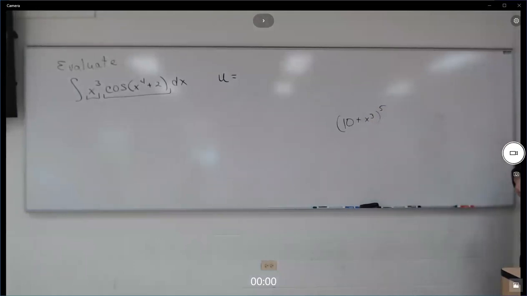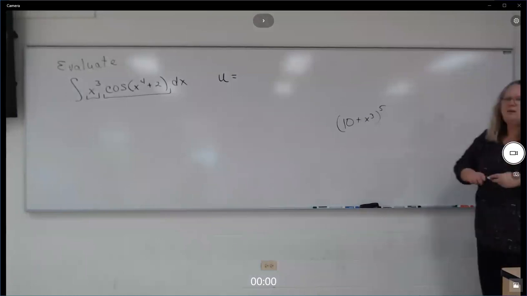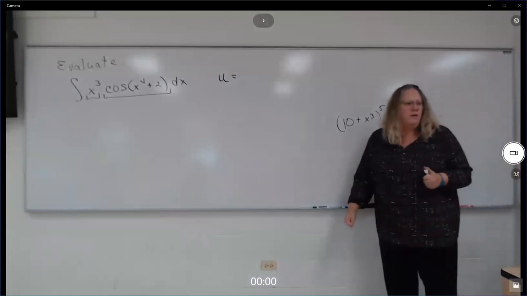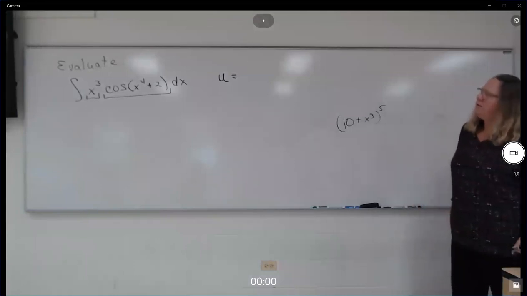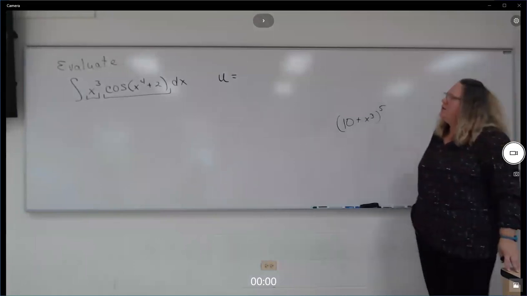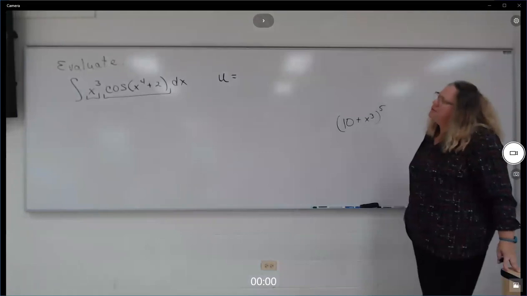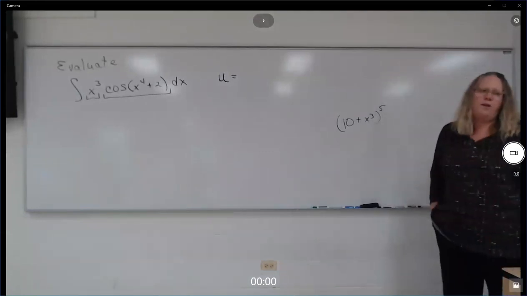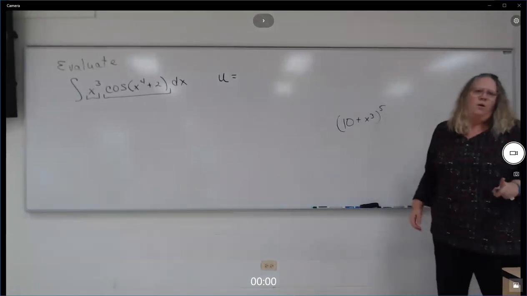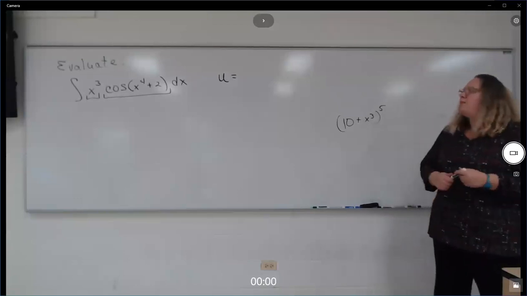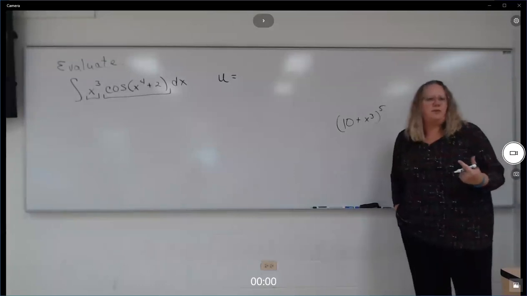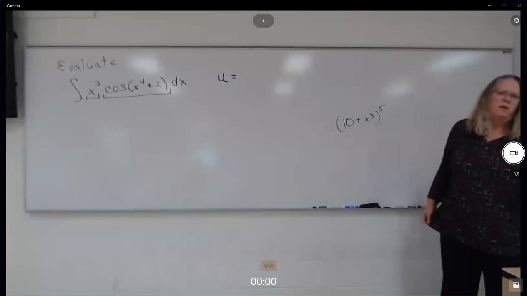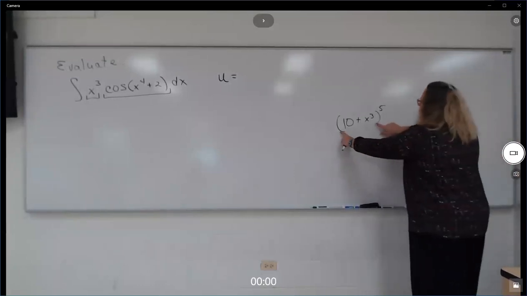So what is something here that has an extra piece with it? Maybe sine of x to the fourth plus 2 times 4x to the third. Not that whole thing. But what has the extra piece with it? Like this had parentheses with a 5.